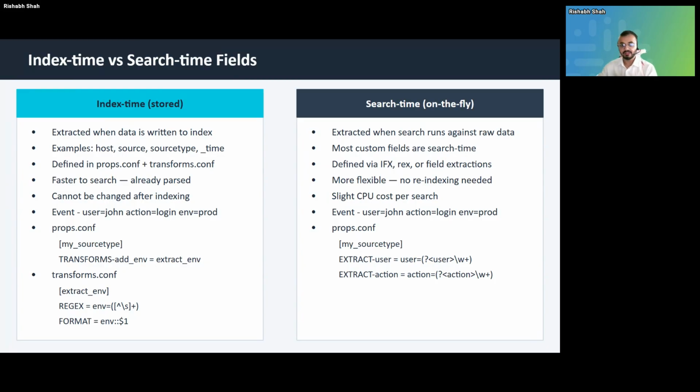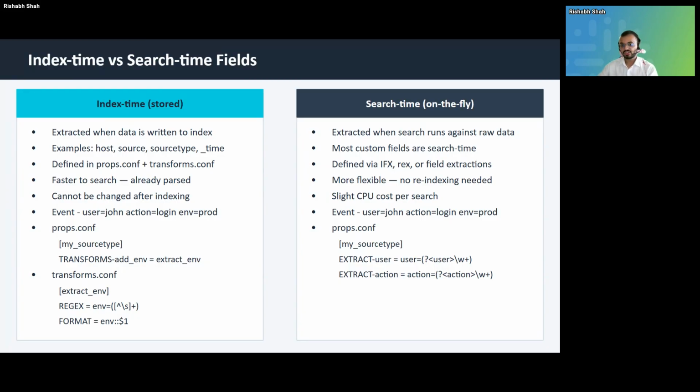Along with that, we can directly push it using props.conf. It's a similar approach: for a specific source type in which the logs are present, if I want to extract the user, we just have to mention the regex after the extract name, and similarly for action. That particular part will work.